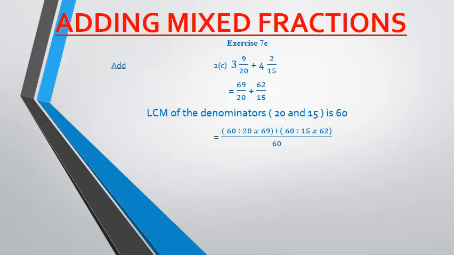So when we solve this, what do we get? We get 3 multiplied by 69 plus 4 multiplied by 62 upon 60, which in turn is equal to 207 plus 248 upon 60, which in turn is equal to 455 by 60.